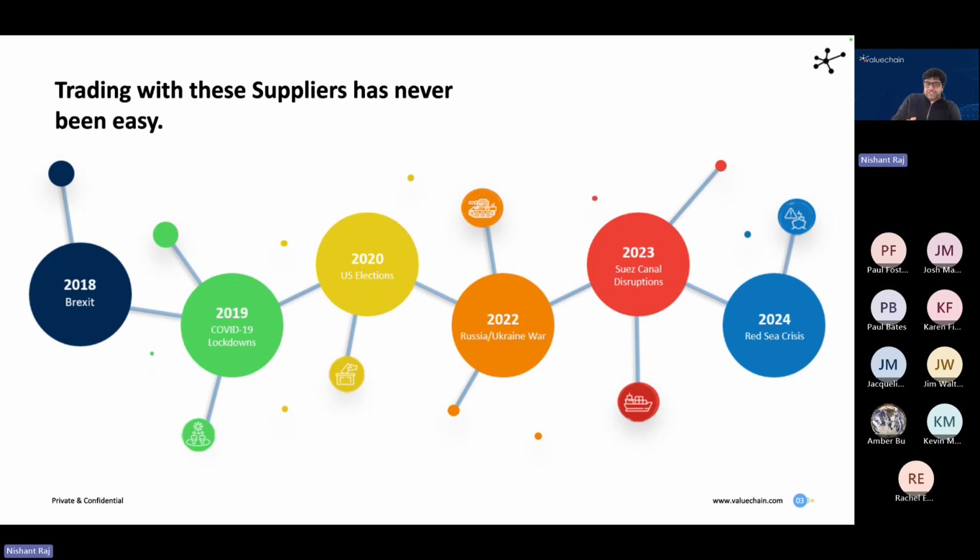Now, supply chains in general haven't been simple. They weren't simple pre-pandemic, and they haven't been simple post-pandemic either. Everything from Brexit to the pandemic, US elections, the Russia-Ukraine war, the Suez Canal disruption, the Red Sea crisis, and many more world events impact supply chains and cause massive disruptions, delays and losses.